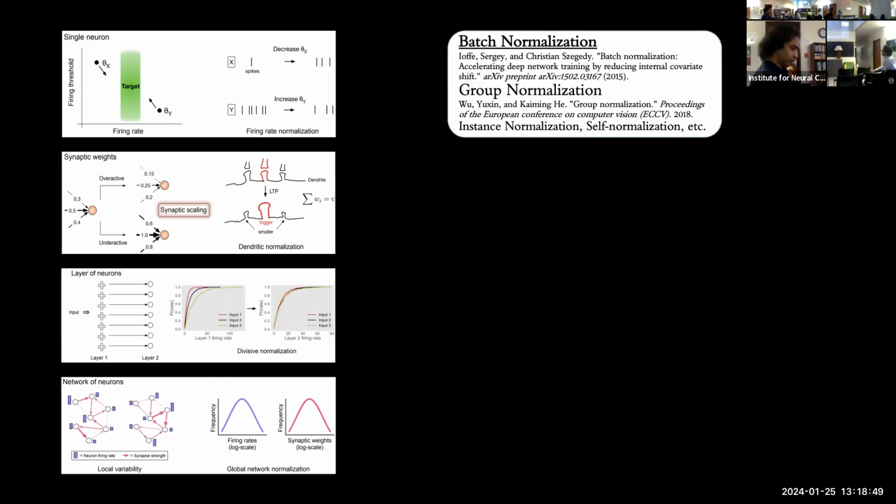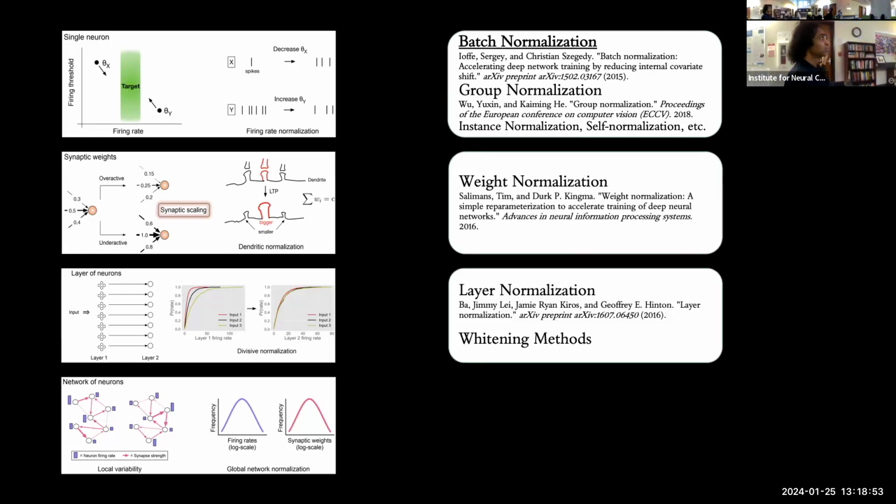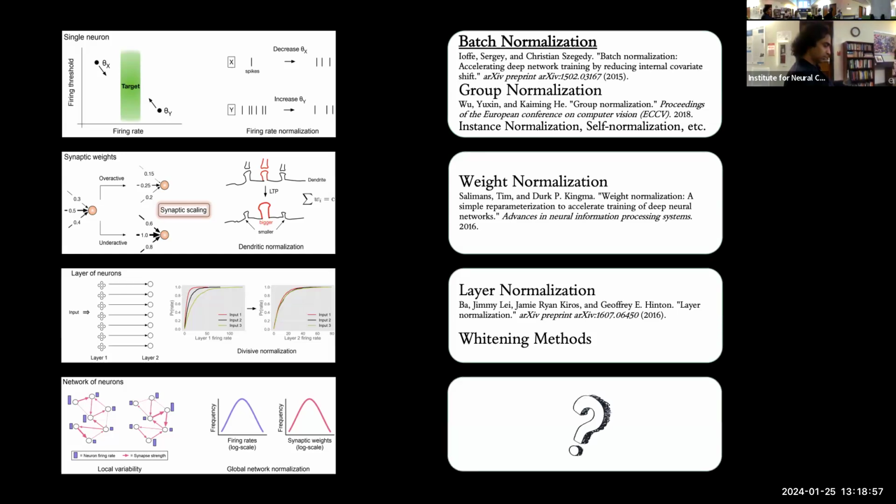For example, batch normalization, group normalization for single neurons, layer normalization, and so on and so forth. However, to my knowledge, there are still no normalization methods for a network of neurons, and that might be interesting to look at, or maybe we can combine different normalization methods to see if it makes better performance for the network.